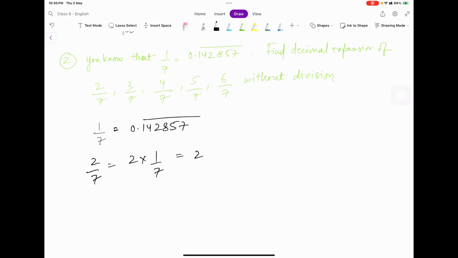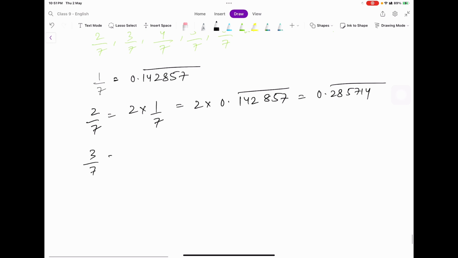So 2 into 0.142857 is coming as 0.285714. You just multiply 2 into this number and you will get it.